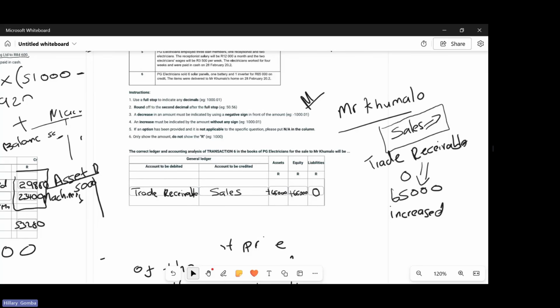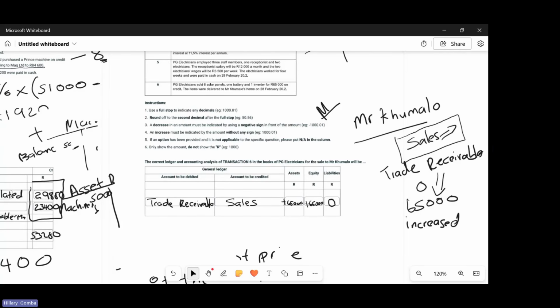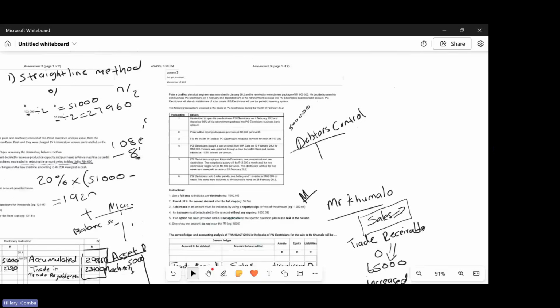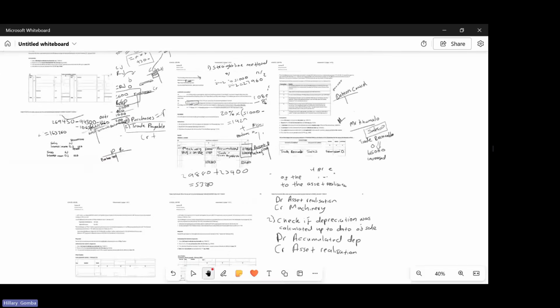Are we moving together? Okay. If there are no questions, then we proceed to number 4. Just do this so that I can see where it is. Okay, here it is.